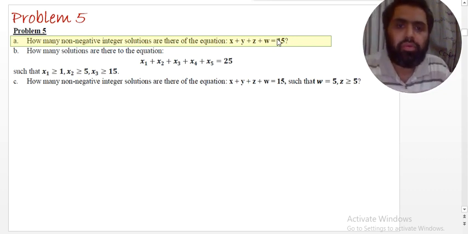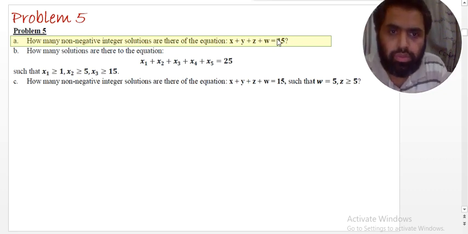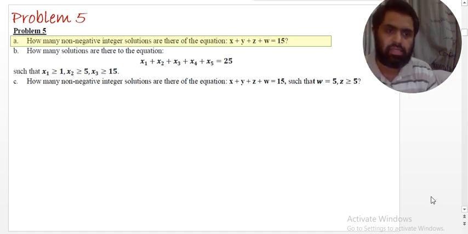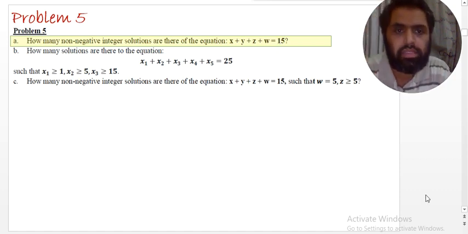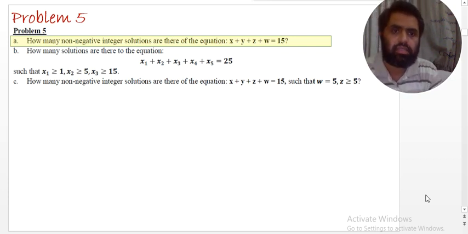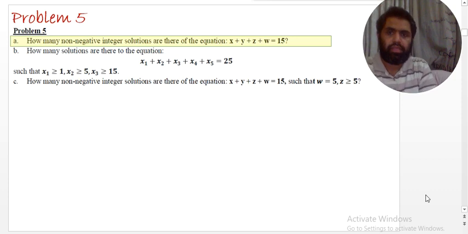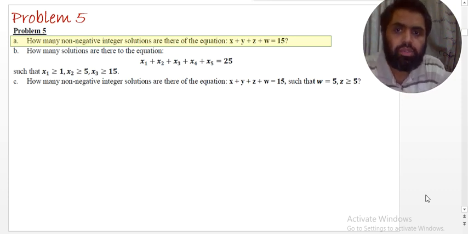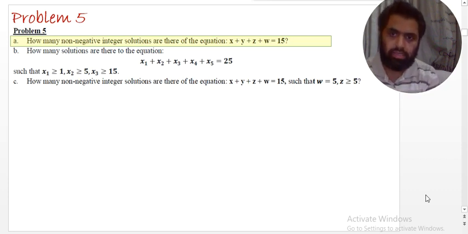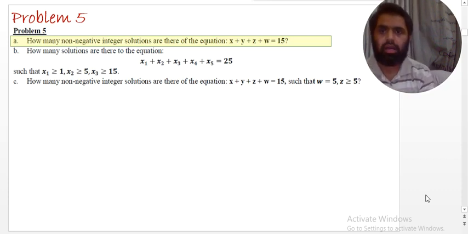When we are going to find solutions, it means x, y, z, w are our four variables. They may take some values such that their sum is equal to 15, and these values should be non-negative. Non-negative means they could be some positive number or they could be 0, but they cannot be negative.